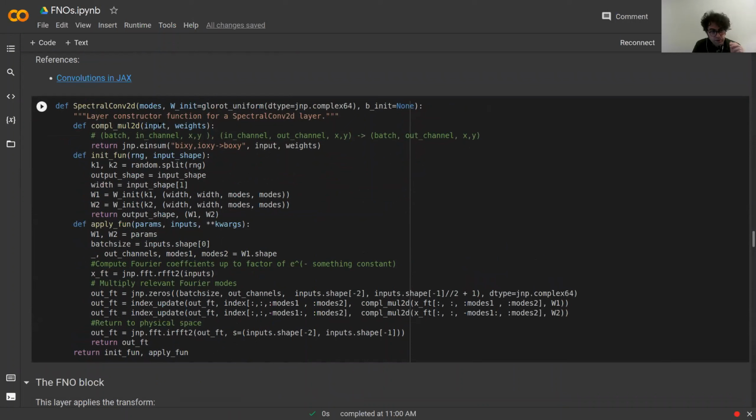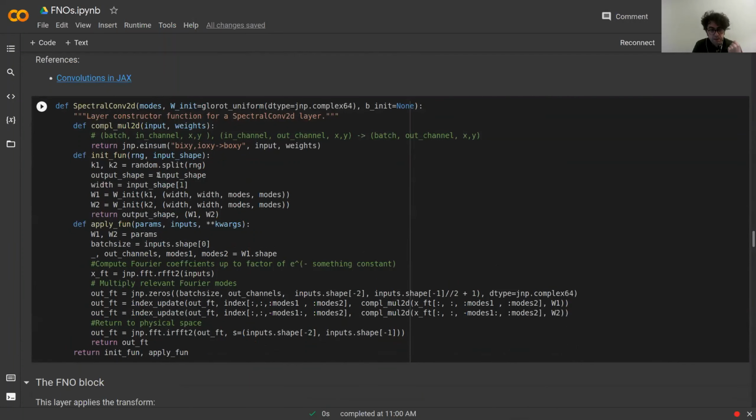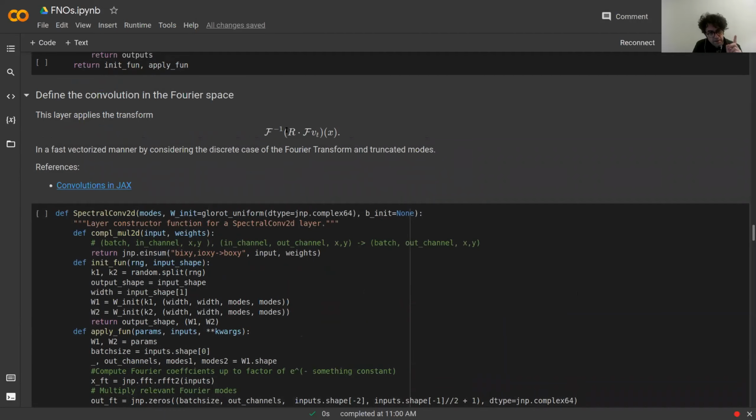Okay, so in order to do that, we will have, again, an initialization function. What is this initialization function? This initialization function will essentially be some complex matrices. If you read the paper, you will see that essentially in the 2D convolution, you need two matrices that represent the two corners of this R matrix.